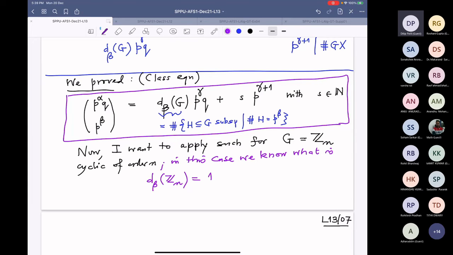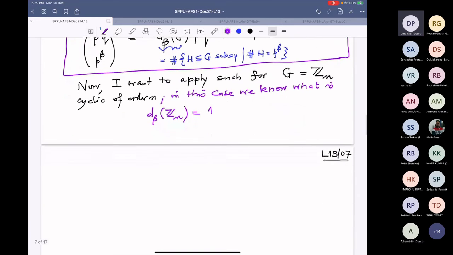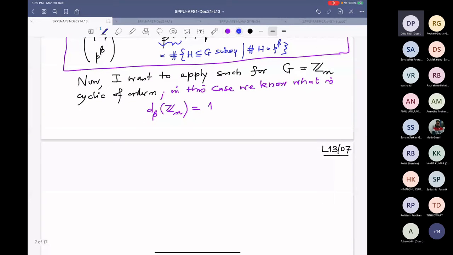And therefore, what will be the above formula for G equal to Z mod n? Right now, close your eyes and write the formula.